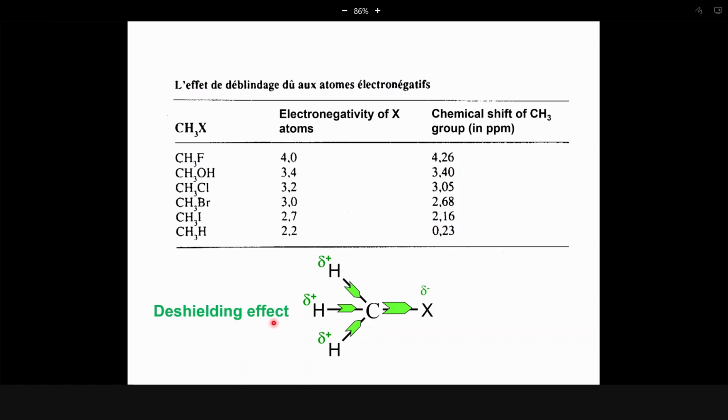So when we compare groups of protons, if I compare the methane, for example, and the methanol here, I can say that the protons in methanol are de-shielded compared to those in the methane, because the chemical shift here is higher in the methanol. And this de-shielding effect is directly linked to the electronegativity of the chemical group here, which is the alcohol. Okay?